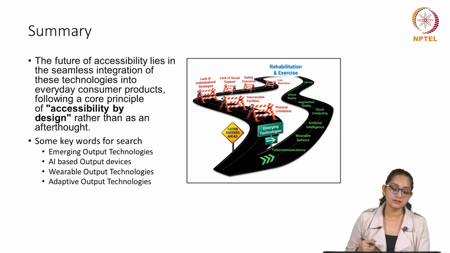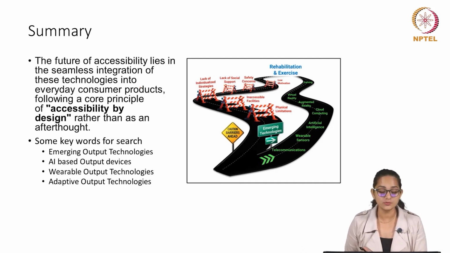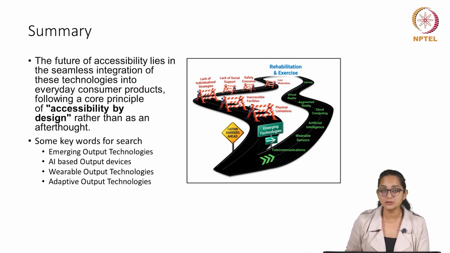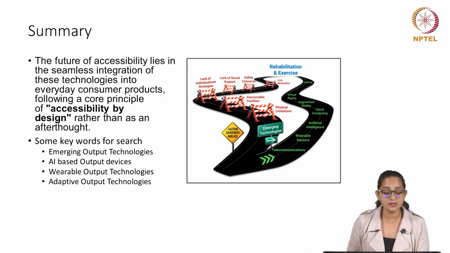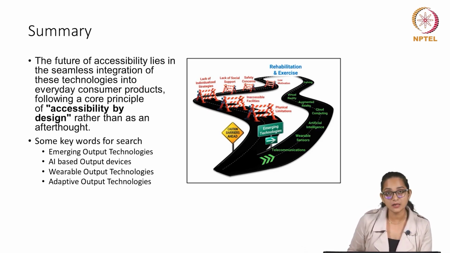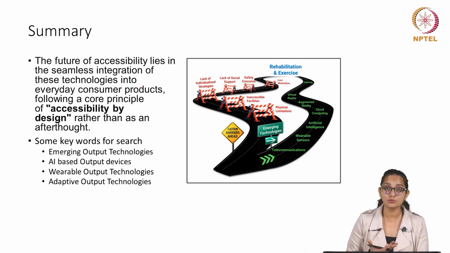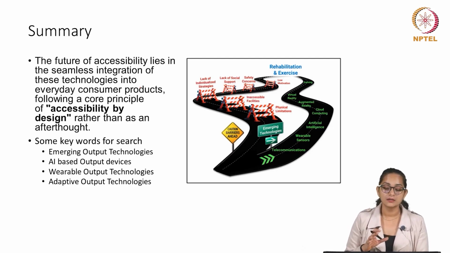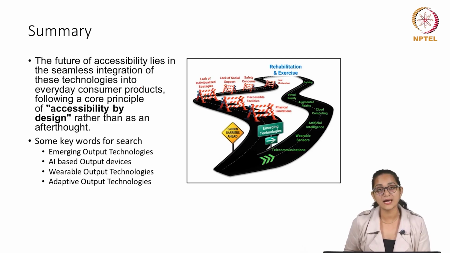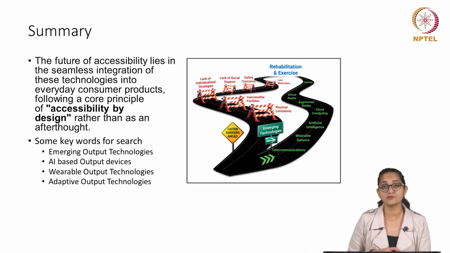And some of the keywords which you can use for knowing more about this topic are emerging output technologies, AI based output devices, wearable output devices, adaptive output devices, and I think this kind of technologies will have a lot of potential in transforming digital accessibility and digital interaction.